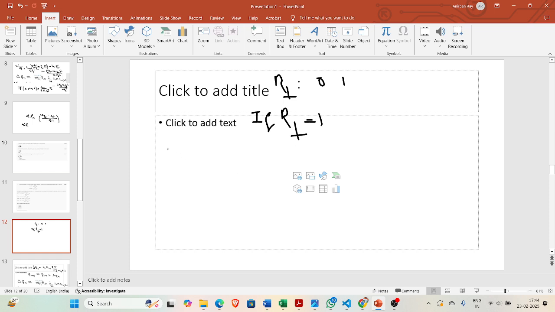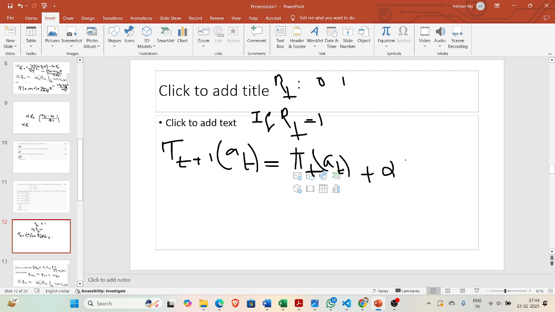If RT is equal to 1, then pi t plus 1 at a equals pi t at a plus alpha times 1 minus pi t at a.